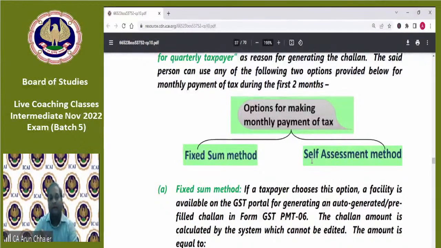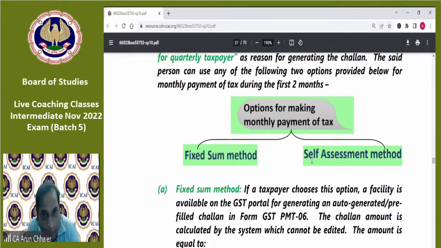Fixed sum method, by the name, it is clear. It is fixing the liability which needs to be paid in cash. And in the self-assessment method, self-assess means you need to determine the ITC, you need to determine the tax liability, and the net amount you need to pay in cash.